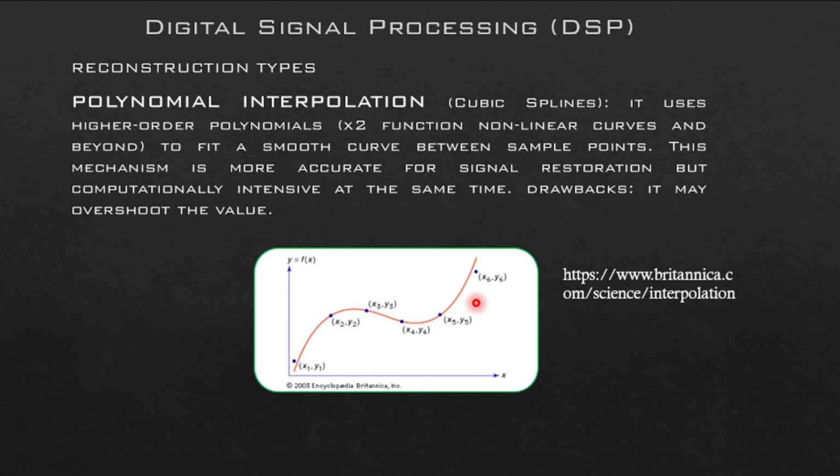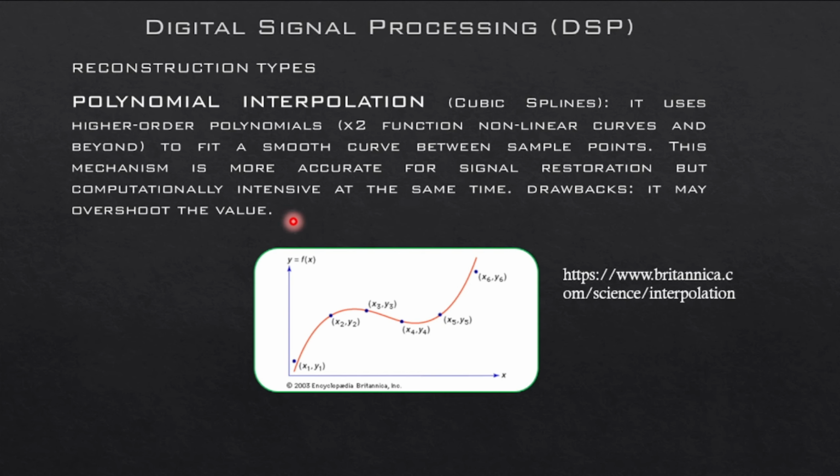As you see within this graph, we have a very good representation of the signal. Of course, it's not 100% accurate, but it's much better than zero order hold and the linear interpolation method. So this mechanism is more accurate for signal restoration, but computationally intensive. Why? Because it's forming a curve between two points, so it has more computation requirements than linear interpolation and zero order hold.